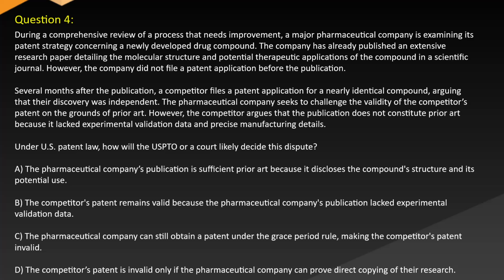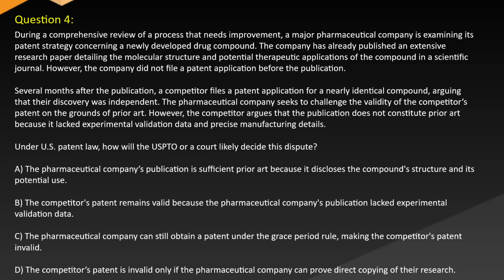A pharmaceutical company seeks to challenge the validity of the competitor's patent on the grounds of prior art. However, the competitor argues that the publication does not constitute prior art because it lacked experimental validation data and precise manufacturing details. Under U.S. patent law, how will the USPTO or court likely decide this dispute? A. The pharmaceutical company's publication is sufficient prior art because it discloses the compound's structure and its potential use.